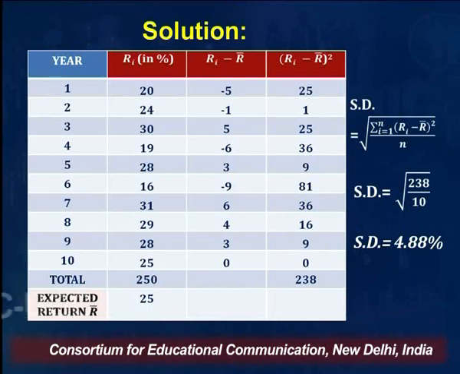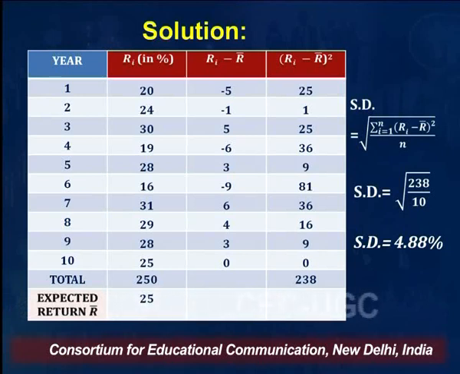The sum total of these 10 years' returns is 250. Since the number of observations is 10, I simply say 250 divided by 10, that gives you 25%. This means the expected return of this investment is 25%.